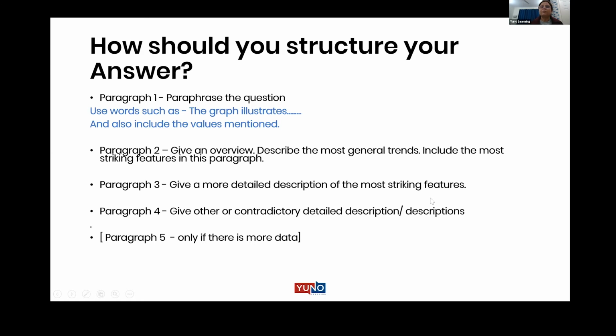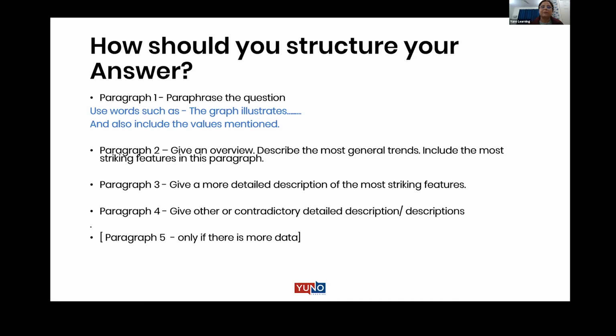So what should be the structure of your writing task 1? Obviously, you should write everything in different paragraphs, but how do you divide that information? Paragraph 1, you just paraphrase the question. The question usually says the given chart or graph gives information about this.